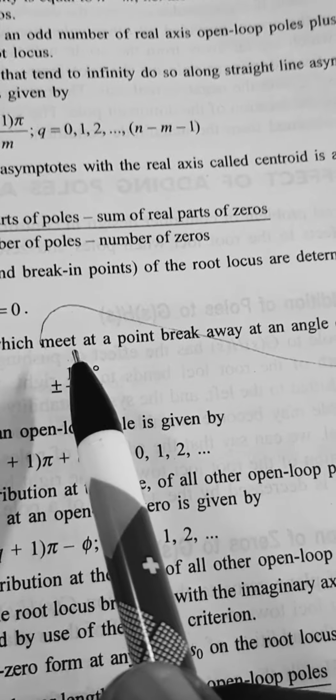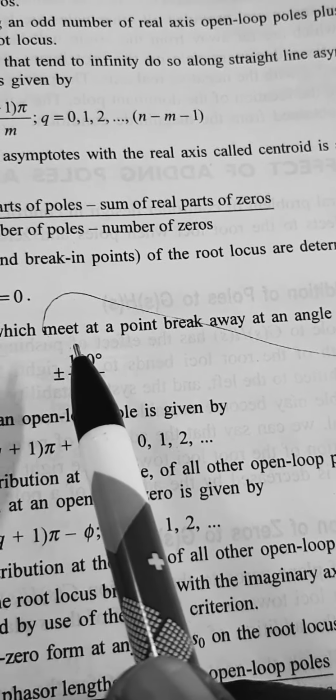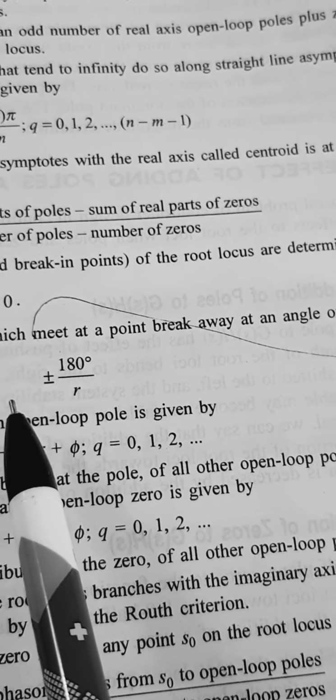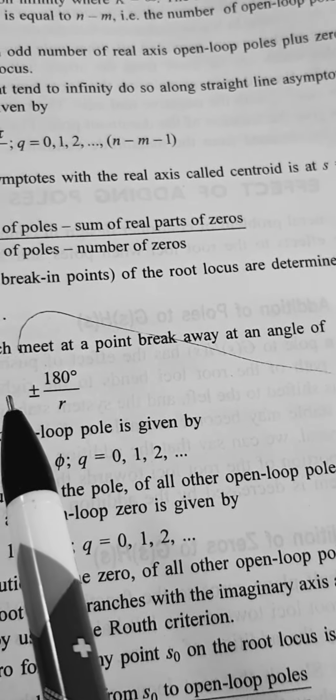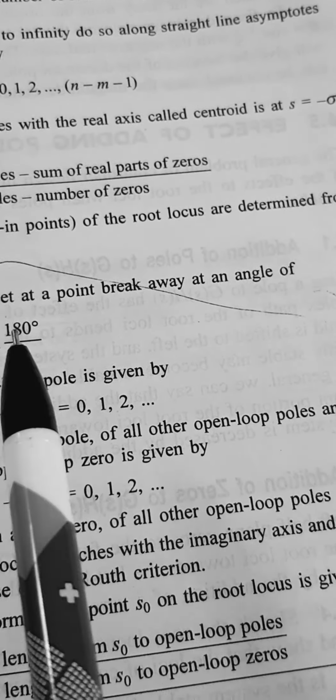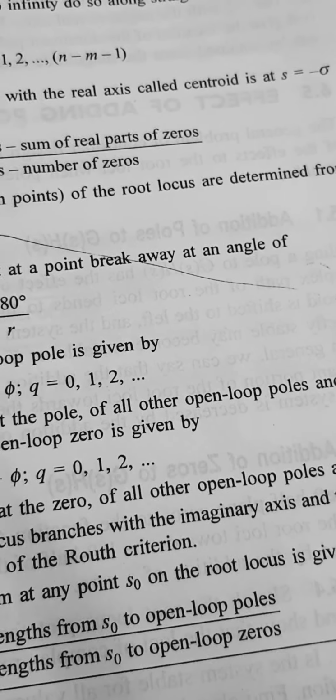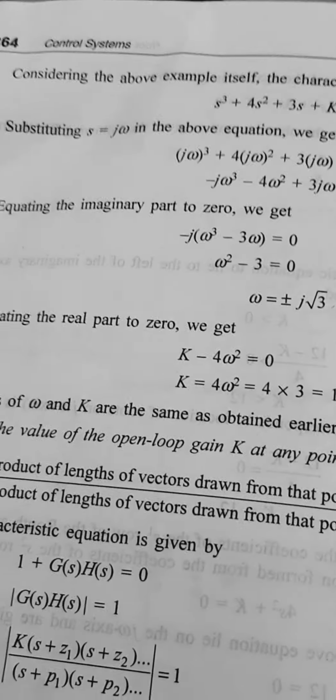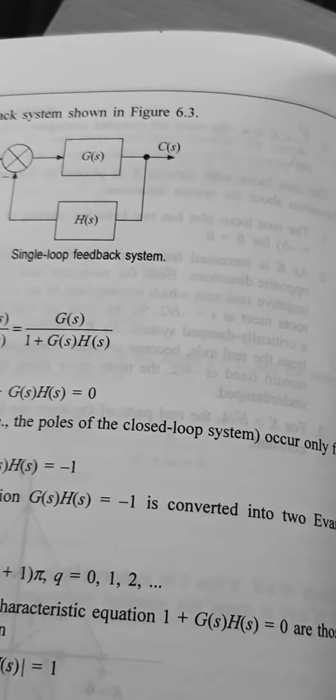Meeting point means if it is a zero, there it will come and meet. If two zeros are there, like this, you can see that.